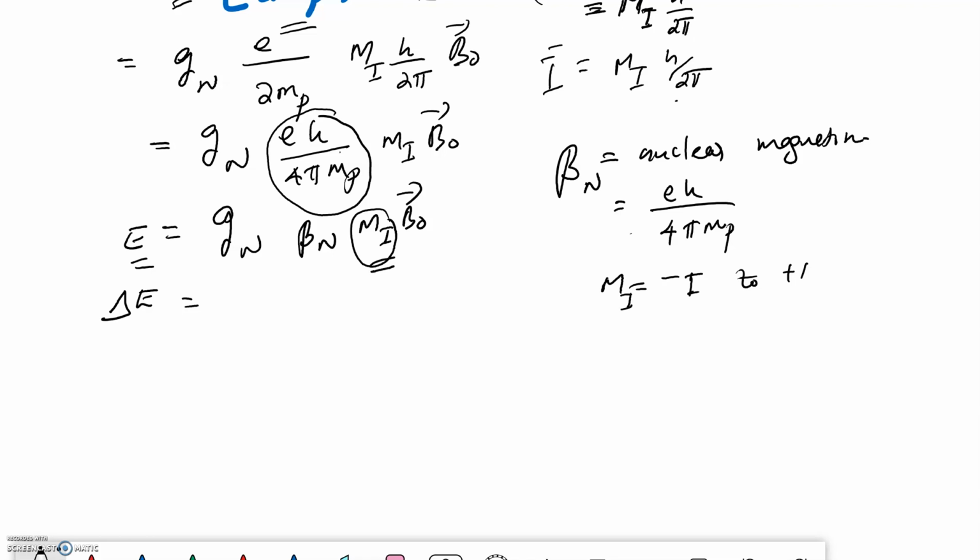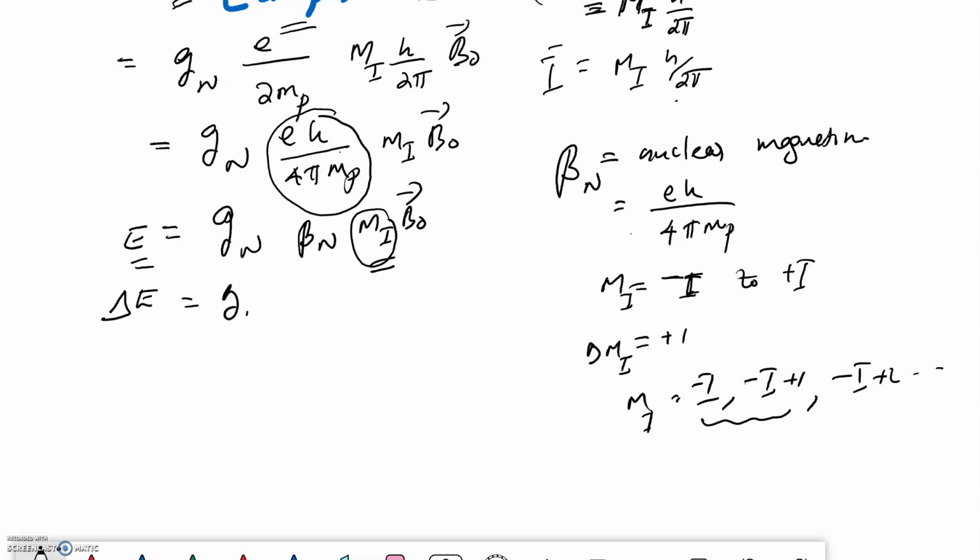Each mi value has a different energy, and mi increases from minus I to plus I by adding 1 each time: minus I, minus I plus 1, minus I plus 2, like that. So the difference between successive energy levels is delta mi equal to plus 1.